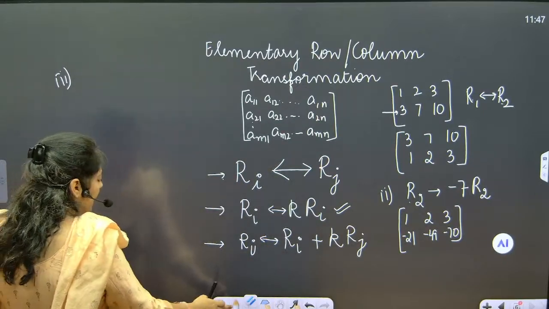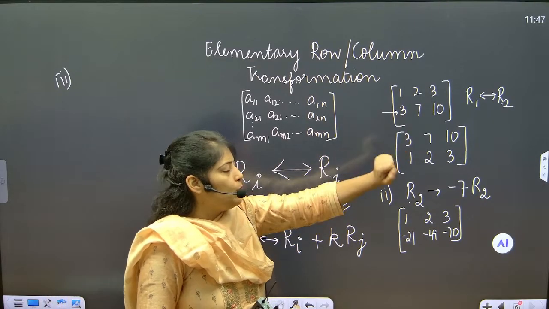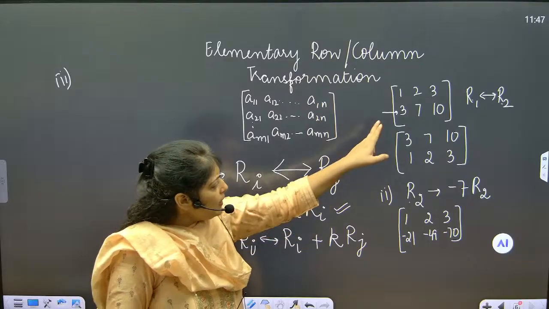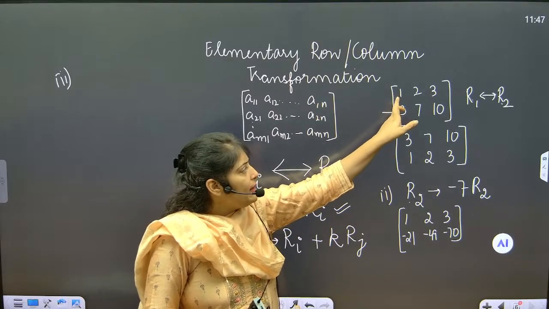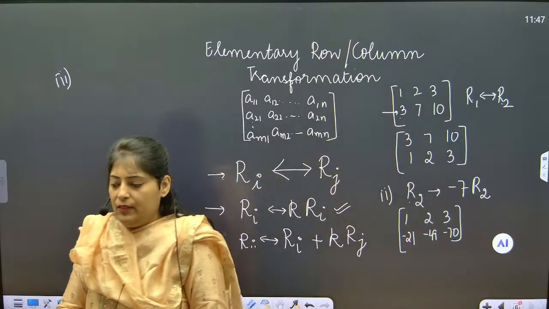Suppose they have given me in the task that they want this element to be 0. Now how can this element be 0? If I multiply these numbers with 3 and subtract, it will become 0.